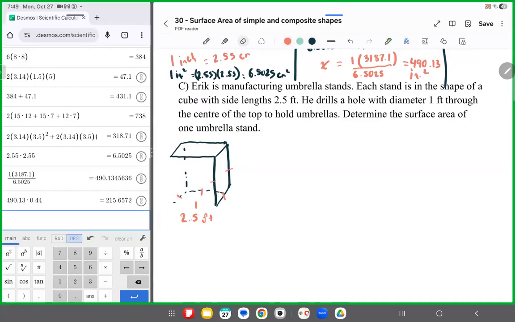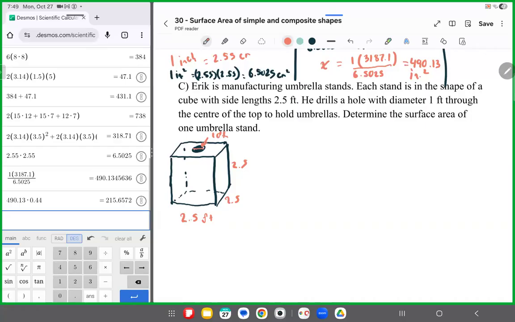So all the sides are equal. So this is 2.5, this is 2.5, this is 2.5, but we cut a middle out of the top of one. And that hole is going to be 1 foot diameter. So that's going to be 1 foot.